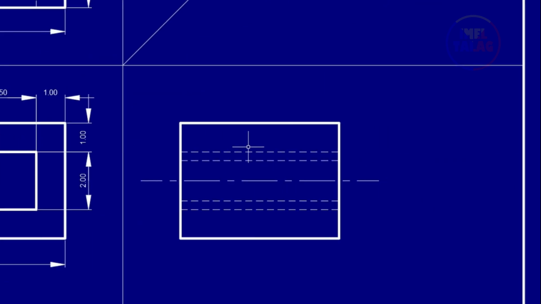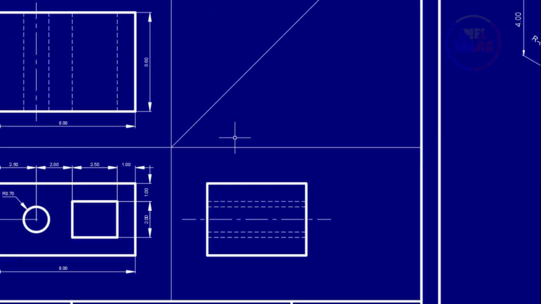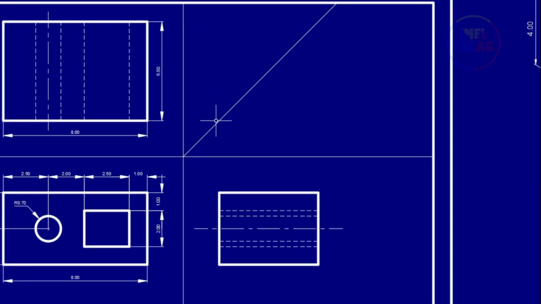Okay, so that's it. That is how to transfer the depth dimension from the given views, or vice versa. If the given views is a right side view, okay, dito natin kukuhanin yung depth dimension, or kung ito naman ang given, syempre dito natin kukuhanin ang depth dimension papunta dito sa right side view.